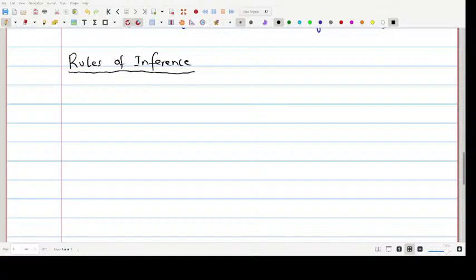Okay, so what do we mean by inference? The word inference means to derive conclusions from premises. So what are we saying? There are a few premises. Premises are basically some propositions.